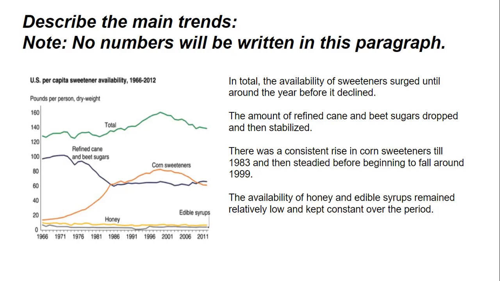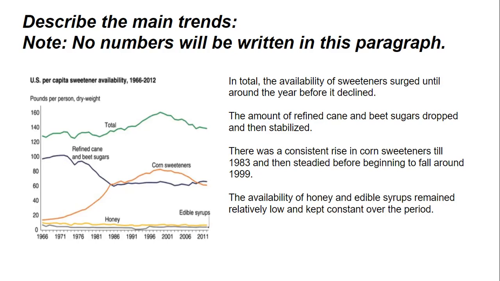Then we come to corn sweeteners. There was a consistent rise in the beginning till the years 1983 or 84. And then it steadied before beginning to fall around, say, 1999. Earlier, it shows a very steady growth, and then again it falls. And then when you come to the last thing, honey and edible syrups, they remained relatively low and kept constant over a period of time.